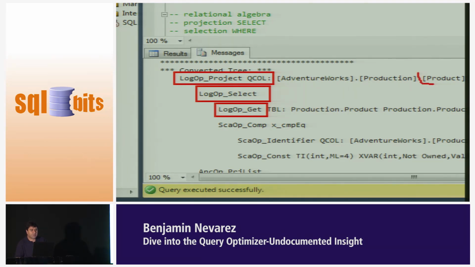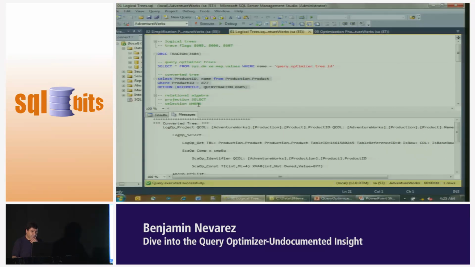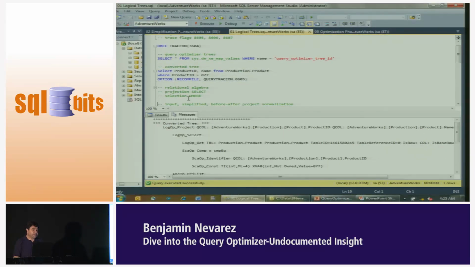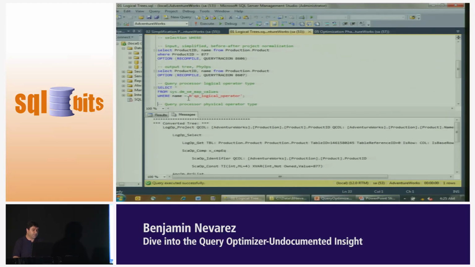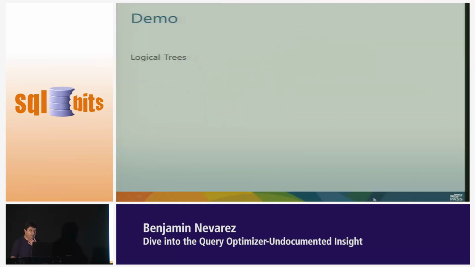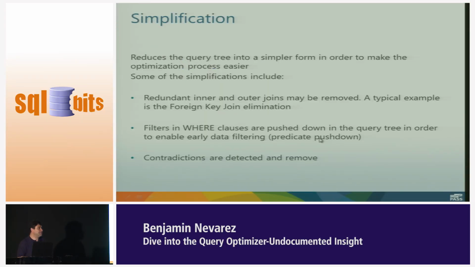It has the columns over here. And select is really a filter operation. And get is the operation to get data from the table using an index or something like that. So you can play with the other choices I have in the demo. But basically, the idea is that you can take a look at that information.